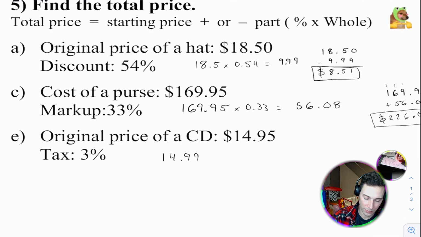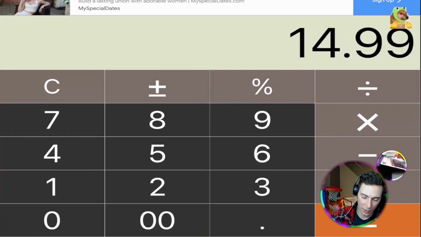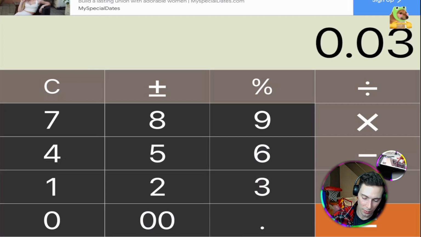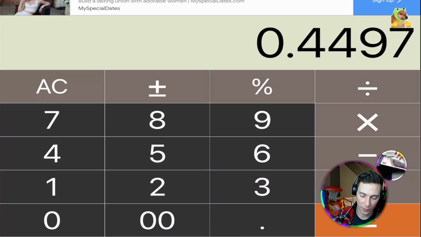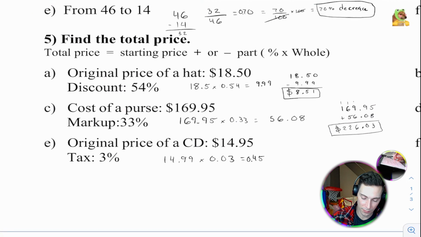14.99 times 0.03. That's the tax. 14.99 times 0.03 is 45 cents. 0.45.